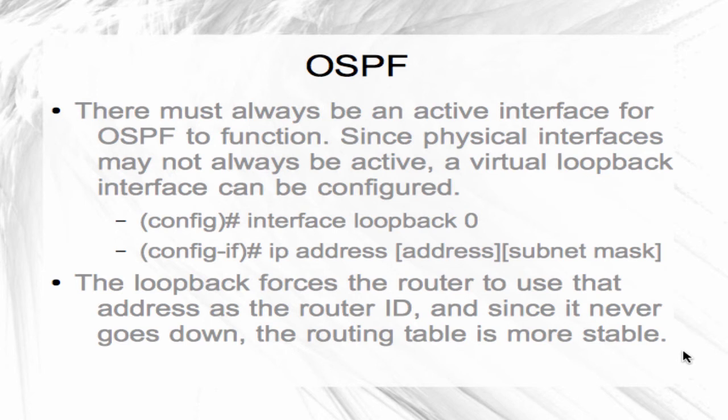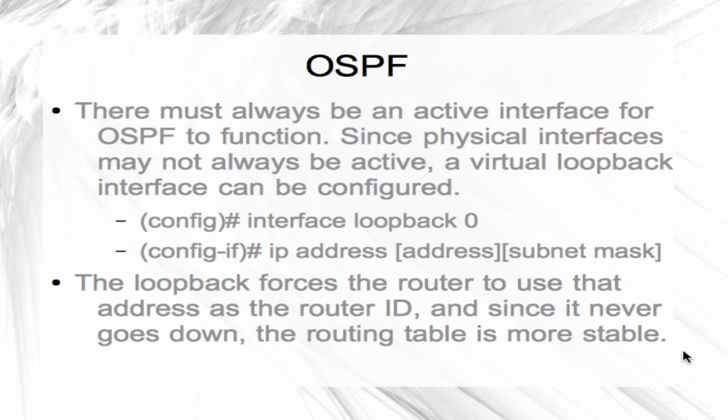Okay. Now, in order for OSPF to work, there has to always be an active interface for OSPF to function. Now, since your physical interfaces may not always be up, a virtual loopback interface can be configured so that there's greater stability in the routing table. Okay, so you set that up from global config. You type interface loopback 0, okay, and it brings you into an interface config.